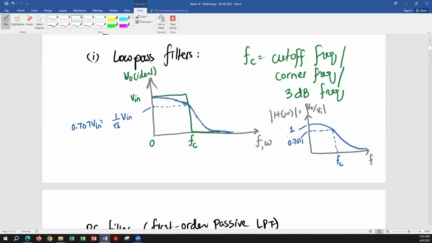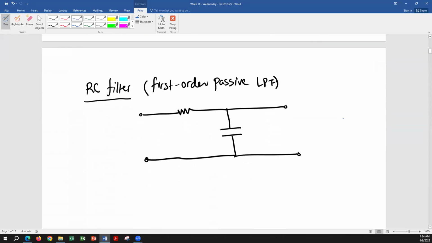So if you plot the transfer function, the ratio between the output and input versus frequency, for any low pass filter, the curve is still going to look the same. The values are scaled with respect to the peak value, which is the input value. We'll plot the response of different filters in MATLAB, and you can do that in PSpice as well. There's one lab you're going to be doing in PSpice, which is the bandpass filter lab.